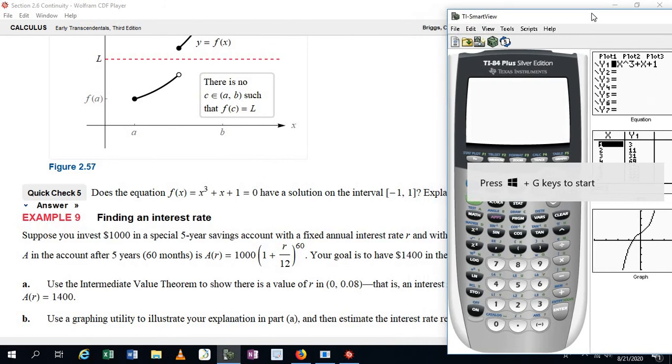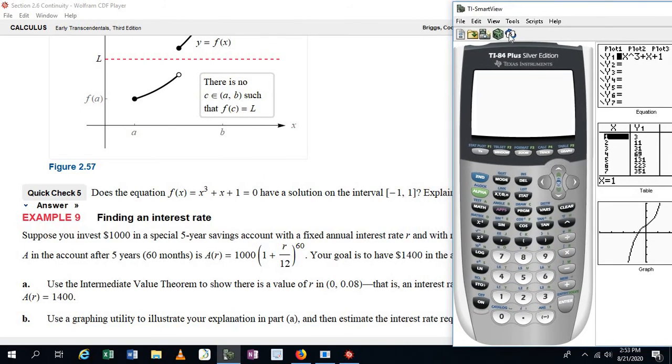If you happen to have a TI-84 calculator, you can go to your y equals button and enter this function into y1. Then I'm going to plug -1 into this function and see what the y value is by going to the calculate button, which is a second feature, and selecting value.